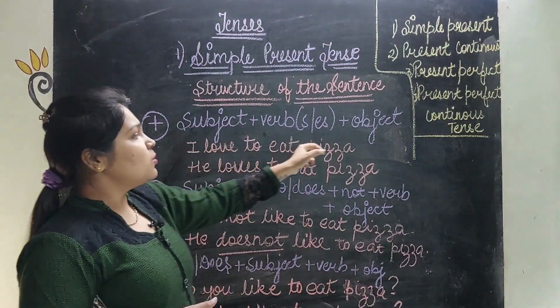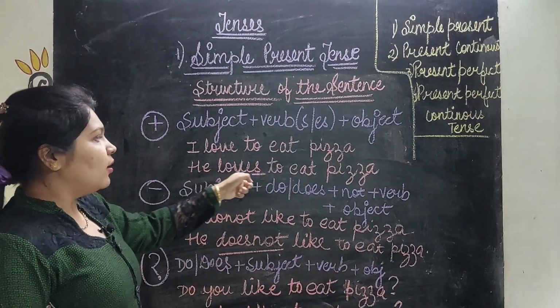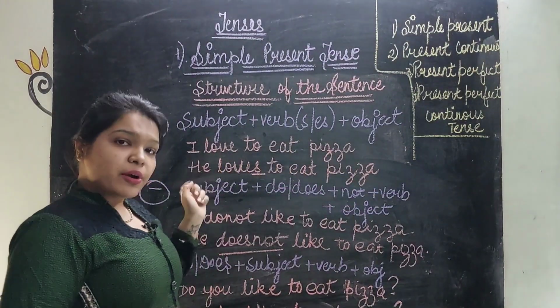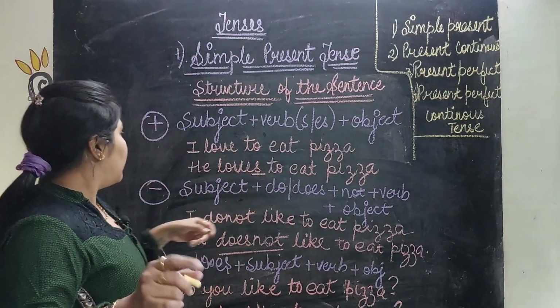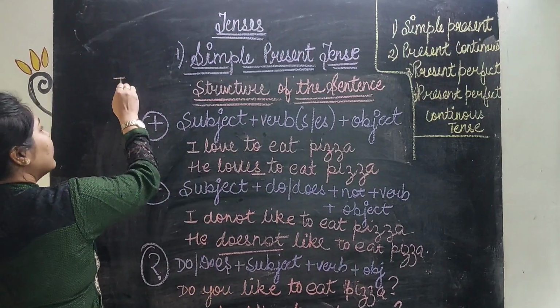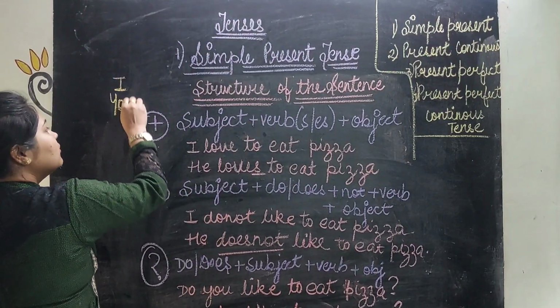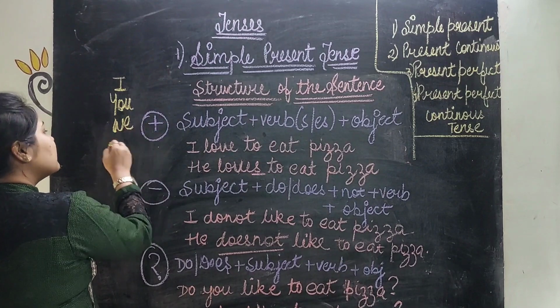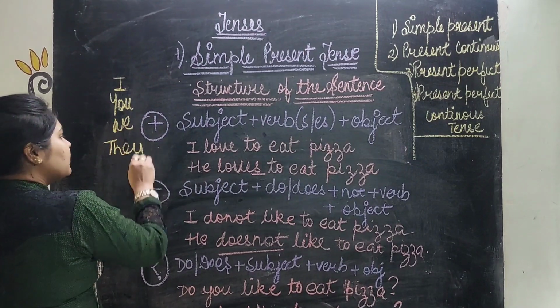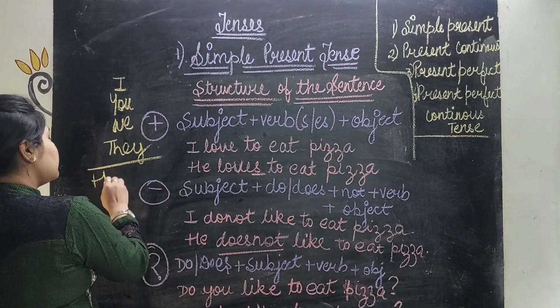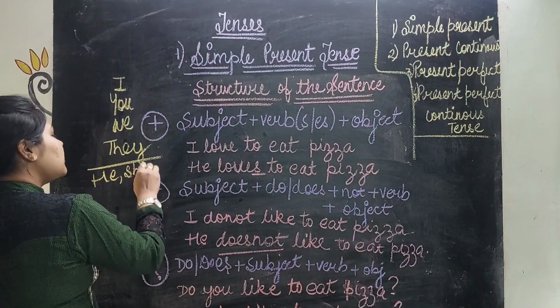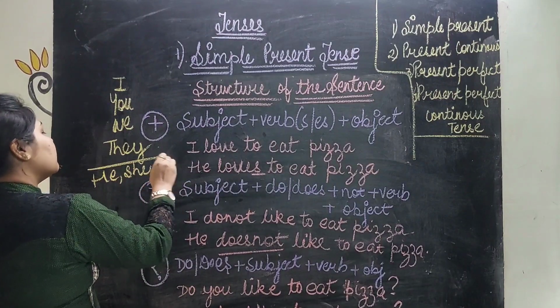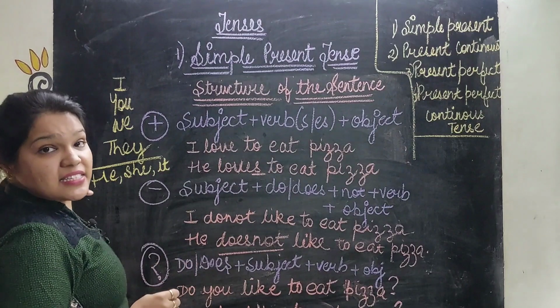I love to eat pizza. He loves to eat pizza. For he, we will be adding s. I'll write for you: I, you, we, they, for this, and for the next, he, she, it. These 4 and these 3.